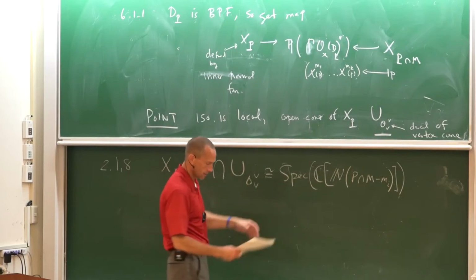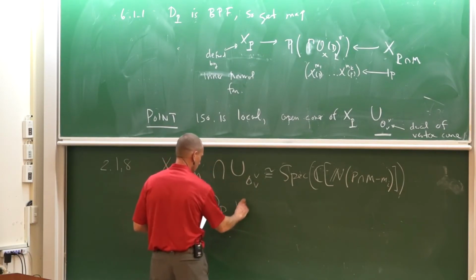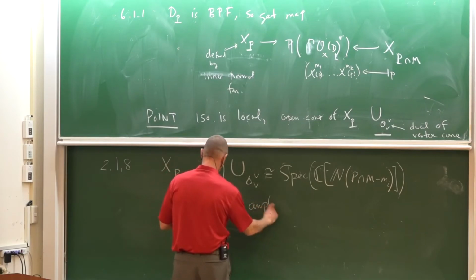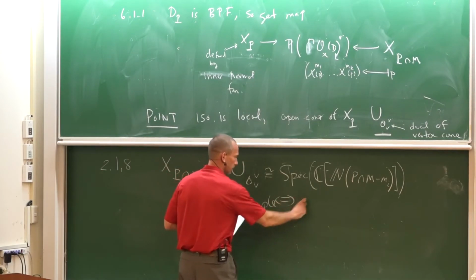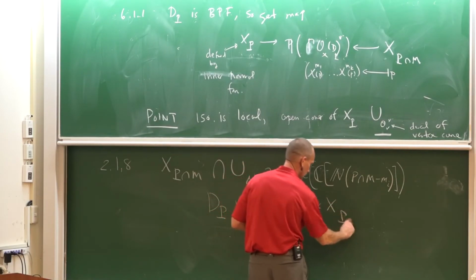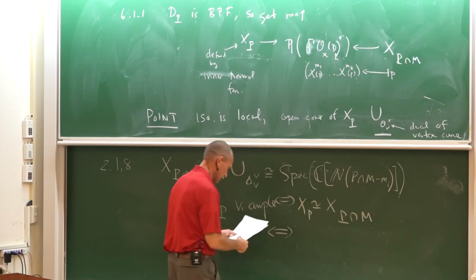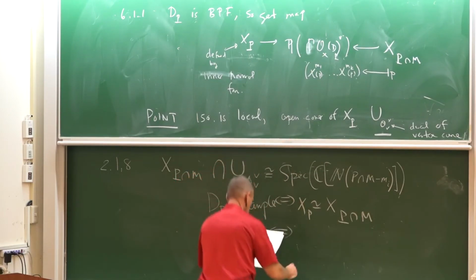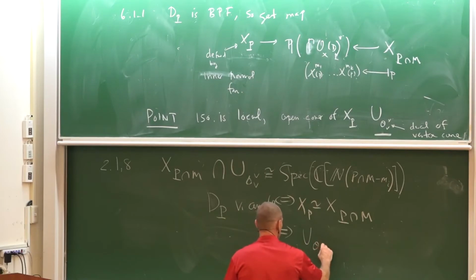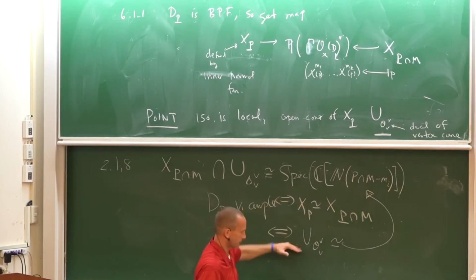So D sub P is going to be very ample exactly when, as we said up here, X sub P is isomorphic to X sub P intersect M. And that's going to happen exactly when this U of sigma v check is isomorphic to this. If their local charts are equal, that's that.